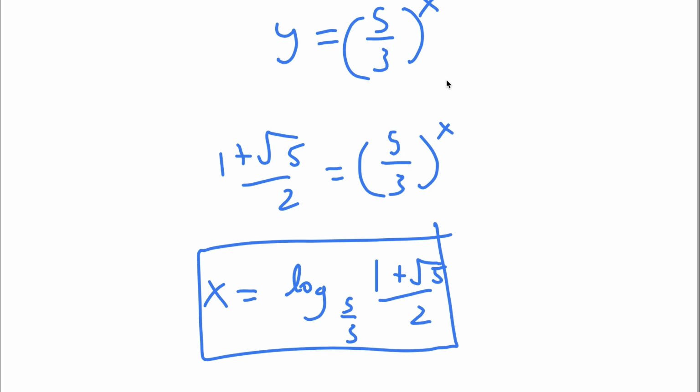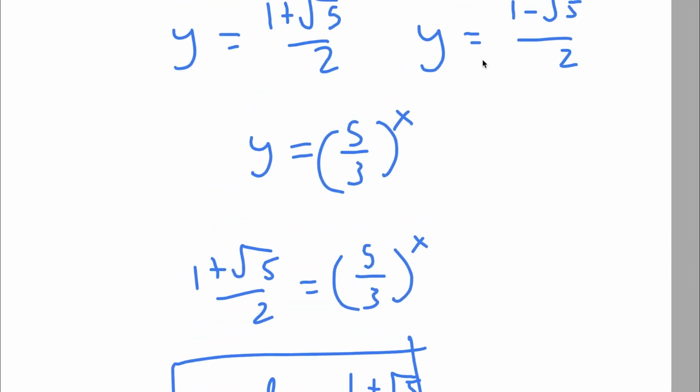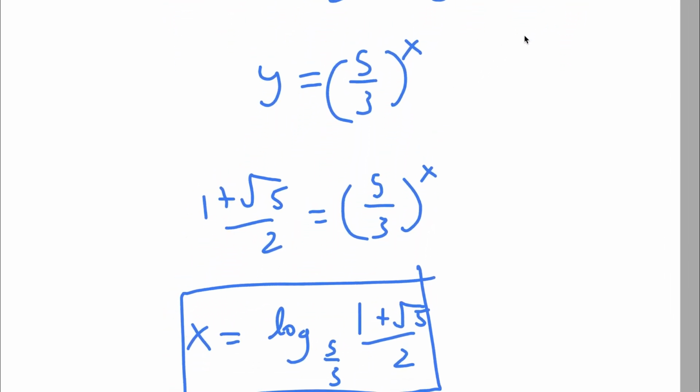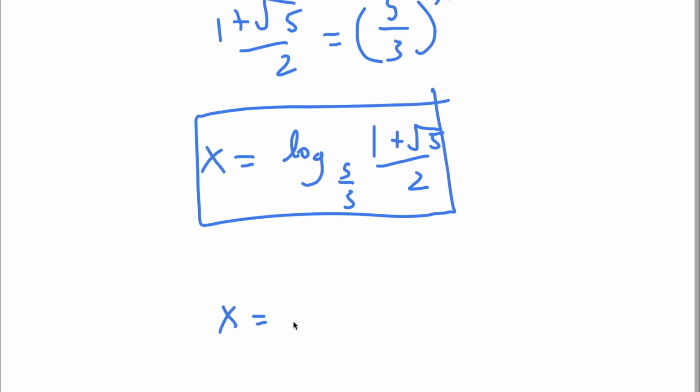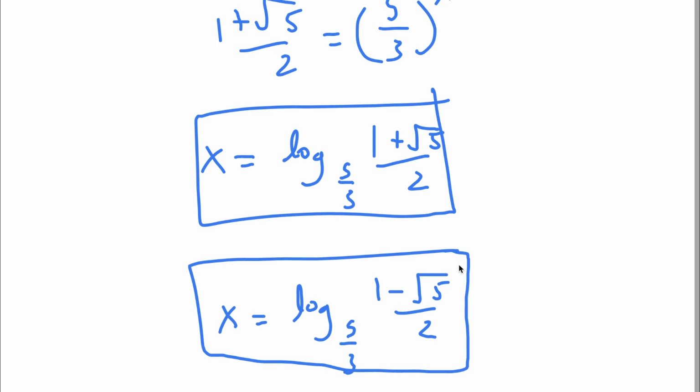And also, we can't forget y equals 1 minus, so the same thing for minus. My other solution is x is equal to log base 5 over 3 of 1 minus the square root of 5 over 2. So these are my two solutions to this problem.